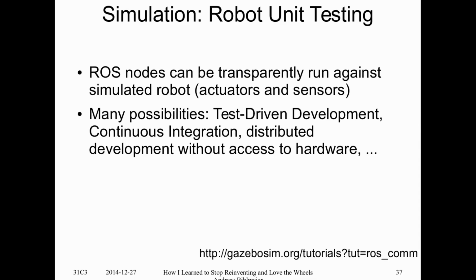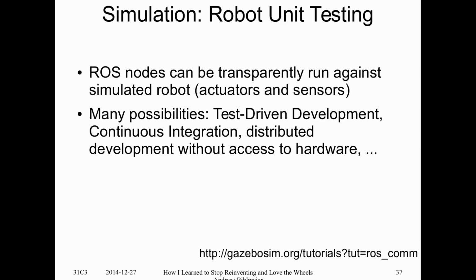So if your computer, for example, is too slow to run the simulation in real time, so it can only progress with 30% of the speed the real world time progresses, all of your ROS nodes will automatically adapt to that. So if you say sleep 10 seconds through the ROS API, it will sleep either 10 real seconds or 10 simulated seconds. Dynamic, all by itself. You don't have to recompile anything to run your nodes against simulation or on your real robot.